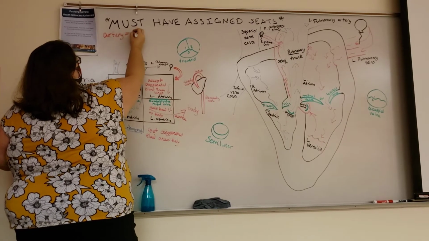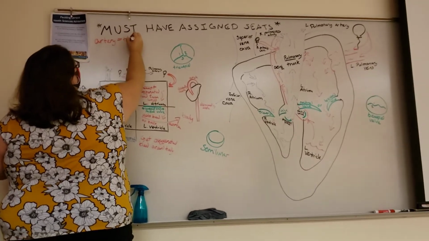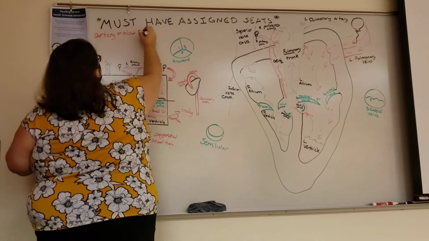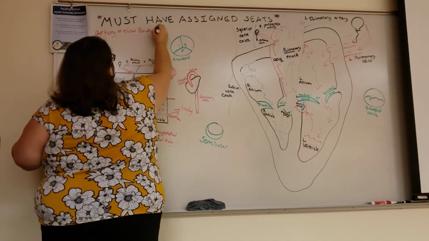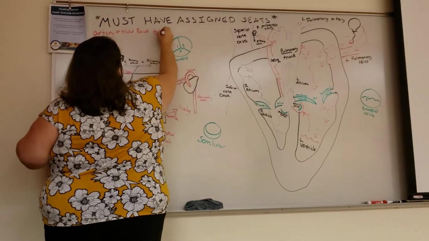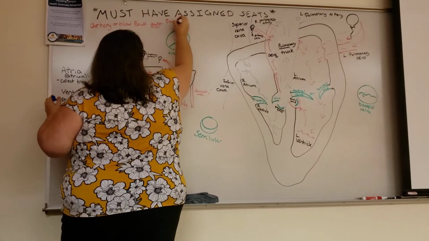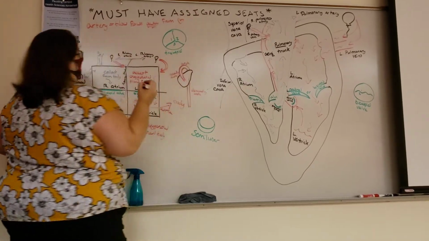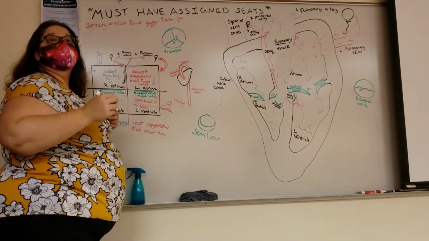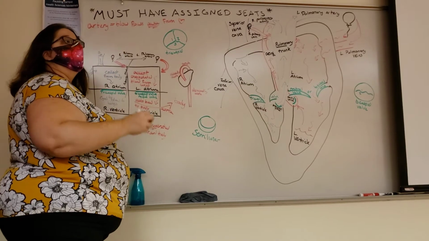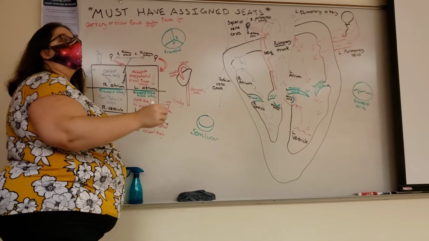Blood flows away from the heart. Right? So by definition, if you're talking about an artery, the blood is flowing away from the heart.